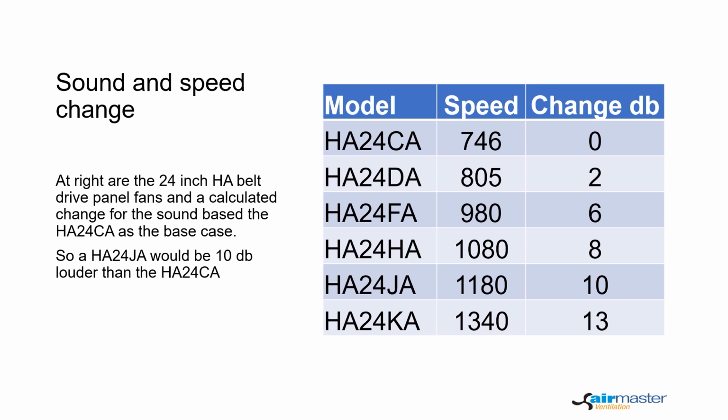It should be noted that 3 decibels is a doubling of the sound power. But it also should be noted that we humans can really not distinguish between a difference in sound power of 1 or 2 decibels.